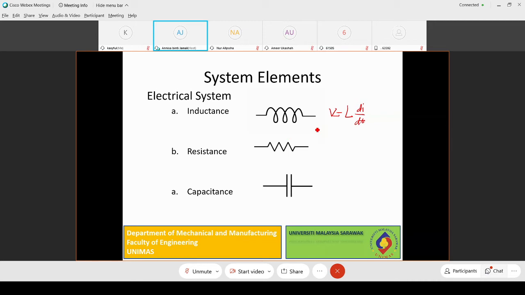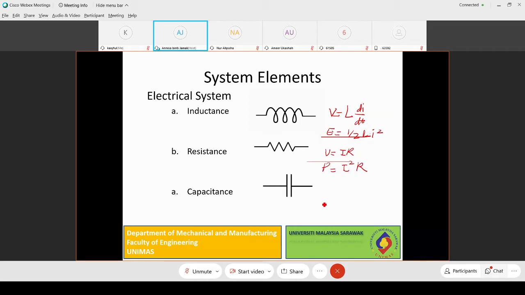If we define the energy from here, it will be E equal to half L i squared. I here is the current, L is the inductance value. For resistance, you know that V equal to IR. I hope everyone still remembers this. The power obtained from the resistance here will be I squared R.